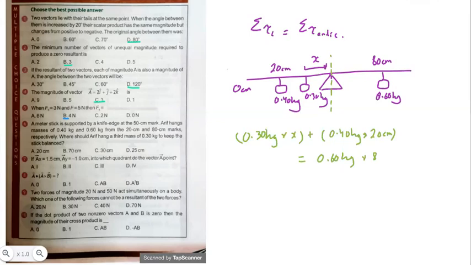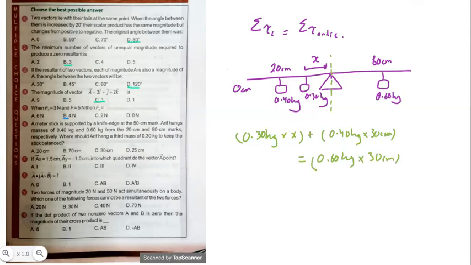So the distance of the mass 0.40 kilogram from the axis of rotation is 50 minus 20, which is 30 centimeter. And again, from the axis till the 0.60 kilogram, the distance is again equal to 30 centimeter.